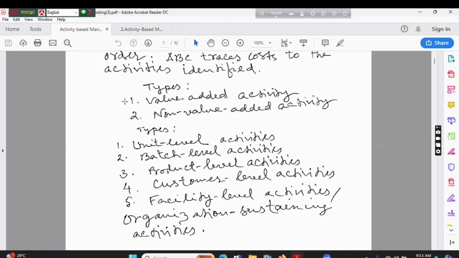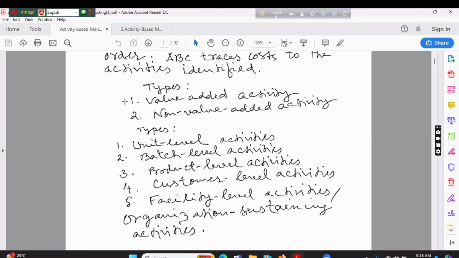An activity output measure is the number of times the activity is performed. It is the quantifiable measure of the output.